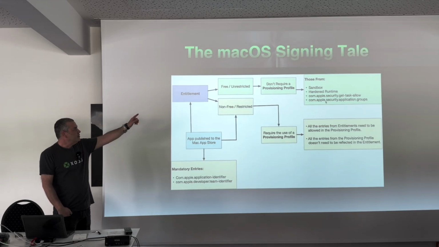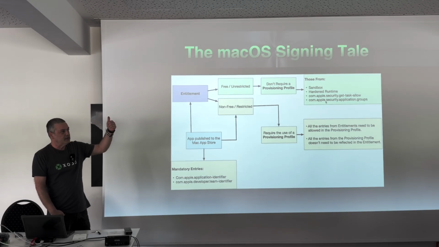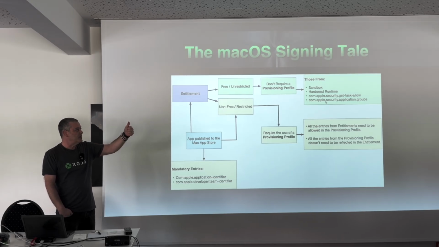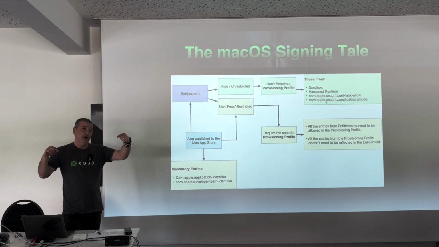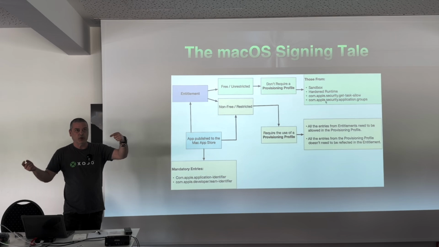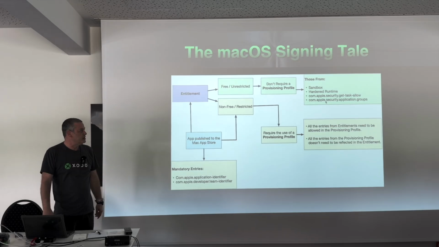Those free entries are the ones to enable sandboxing, enable hardened runtime, plus com.apple.security.get-task-allow, that allows other apps, as for example Instruments, to attach to your app while it is debugging, so you can see if it is leaking memory or other issues.